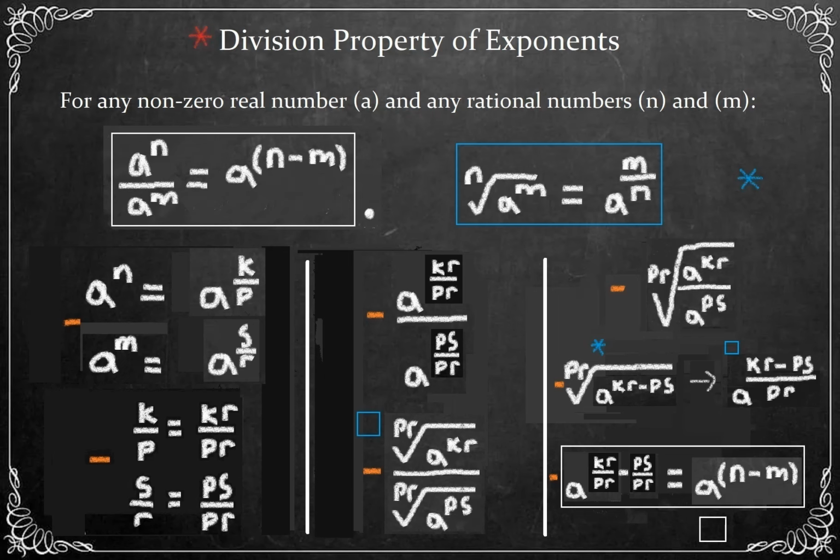The last orange bullet. Distribute the denominator to both terms, shows the operation of subtraction is defined between both terms by a common denominator. So, the term on the left-hand side can be rewritten as a to the power of n minus m, because n and m are any rational numbers. The white box holds. Therefore, the division property for rational exponents is proven.